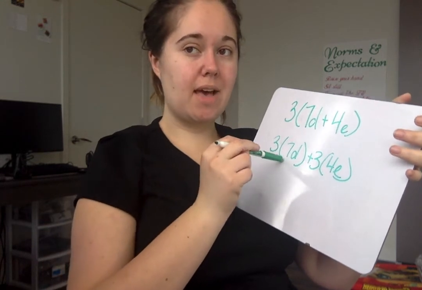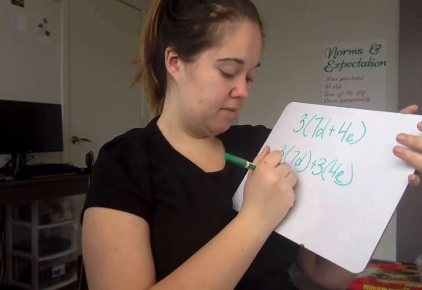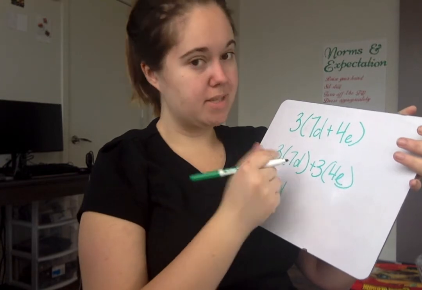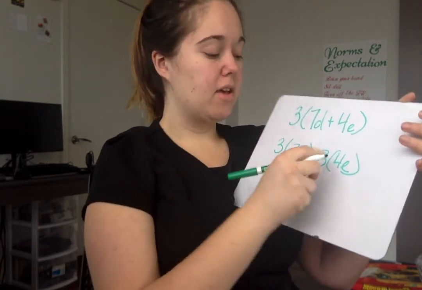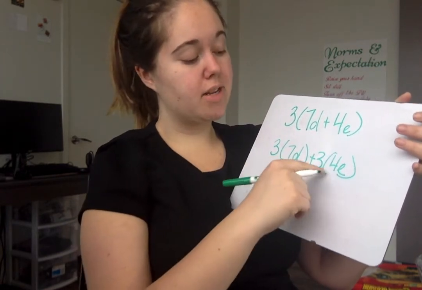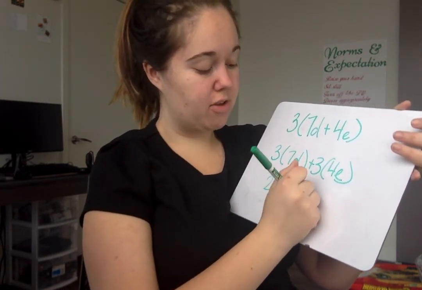Okay, 3 times 7d is 21d. All right, 3 times 7 is 21, so 3 times 7d is 21d. And then 3 times 4 I know is 12, so 3 times 4e is 12e.